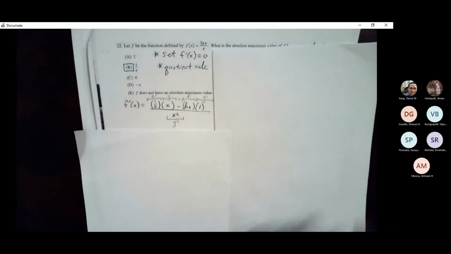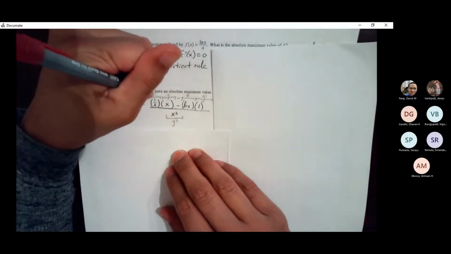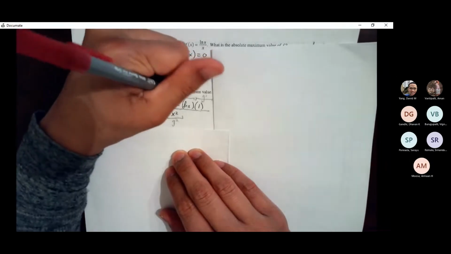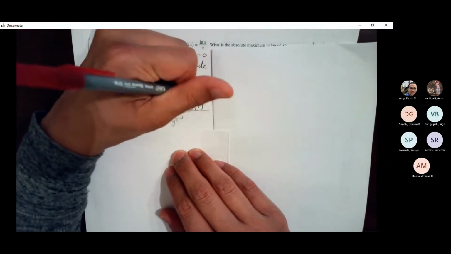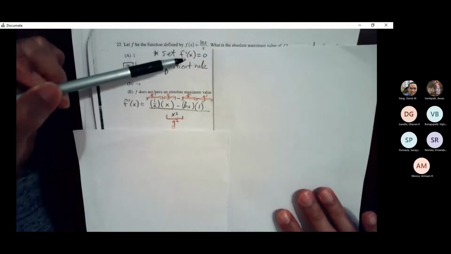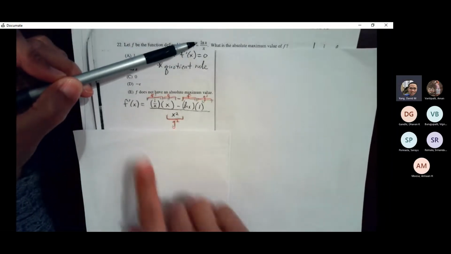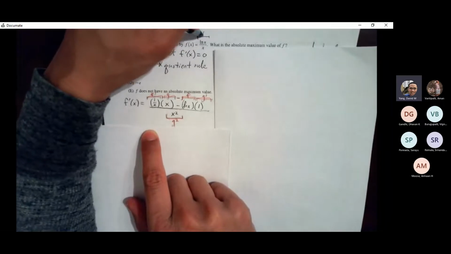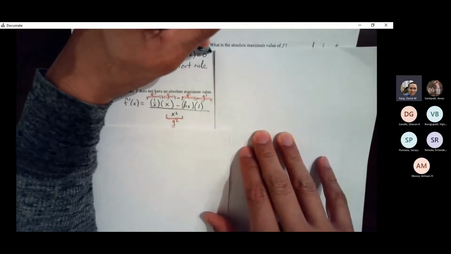Okay, so the top is the f and the bottom is the g.